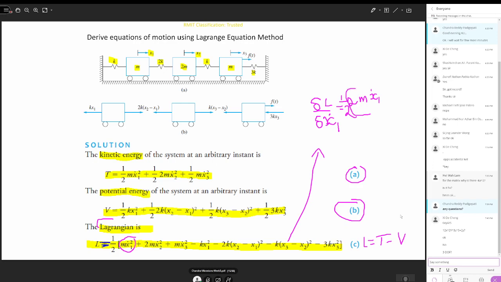Now, can you take the partial derivative of this other term? Guys, there is no x1 dot term here, so the partial derivative of this term will be 0. Similarly, the partial derivative of this term will be 0. There is no x1 dot anywhere else. Therefore the partial derivative of this will be, cancelling the 2 and 2, m into x1 dot.